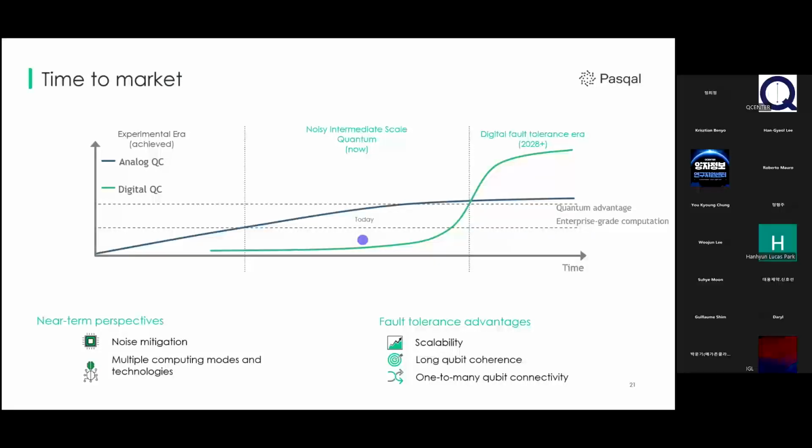There was the digital, so quantum logic gate-based evolution of the quantum information, and the analog, so continuous in time evolution. What we can see here in this very schematized or simplified graph is how these two ways of quantum computing are evolving over the course of time.